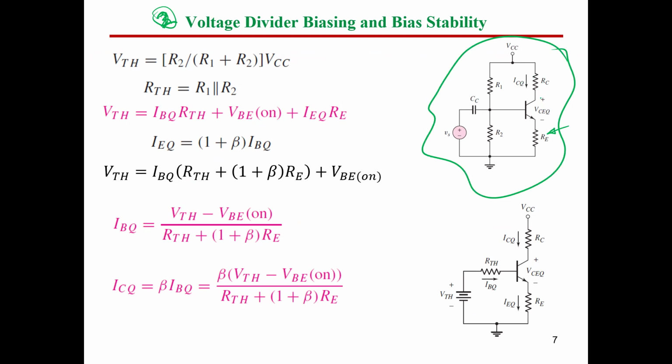At the same time, we are going to replace this circuit by another standard circuit, which is the emitter-based one, but just using one resistor right here. So we will get the Thevenin equivalent circuit between these two terminals right here.